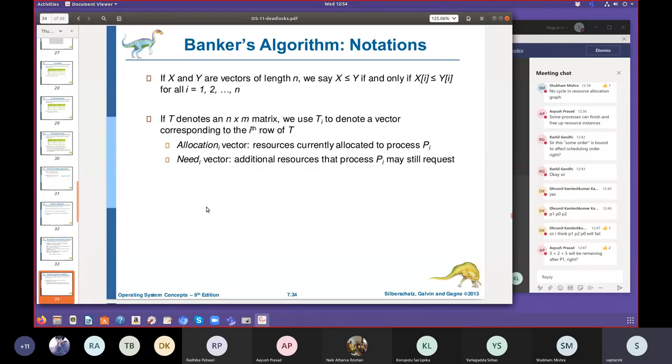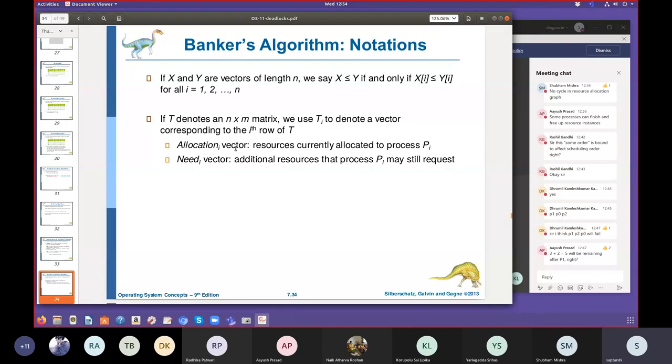So now just two notations. If x and y are vectors of length n, then we say x less than or equal to y if and only if every element of x is less than or equal to the corresponding element of y. Right. And finally, we denote a particular row of the matrix as a vector.